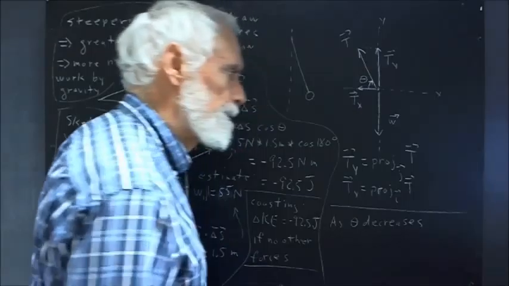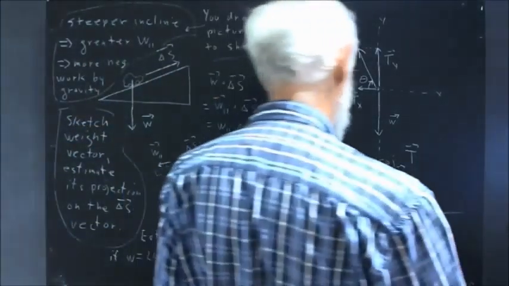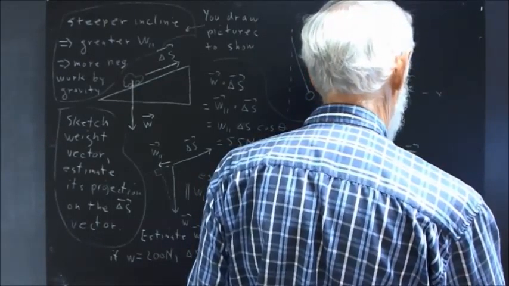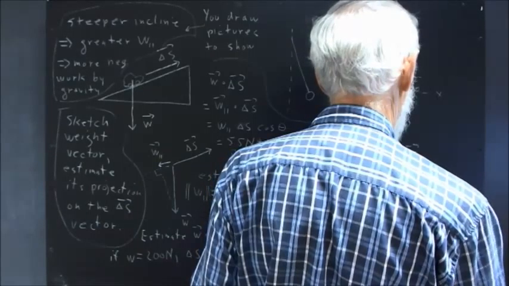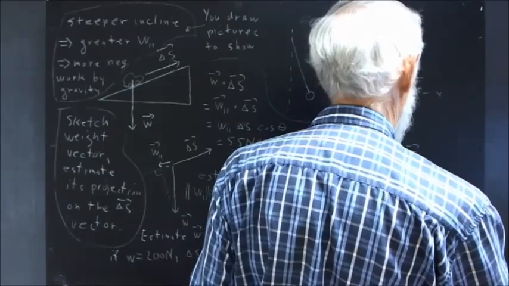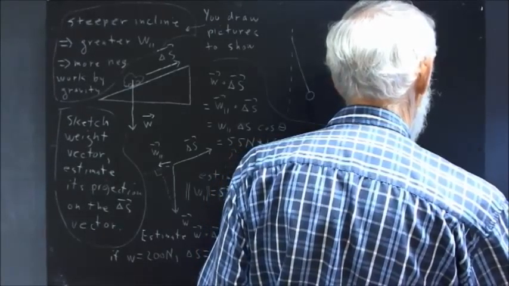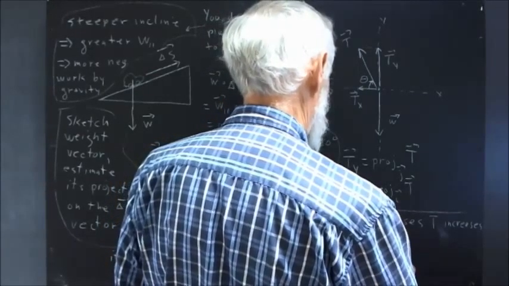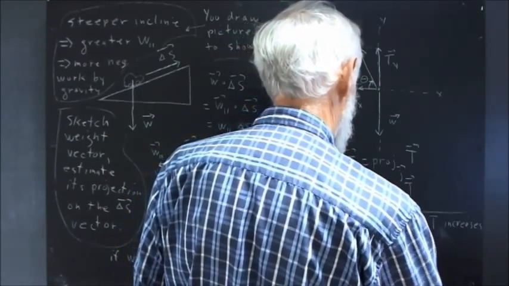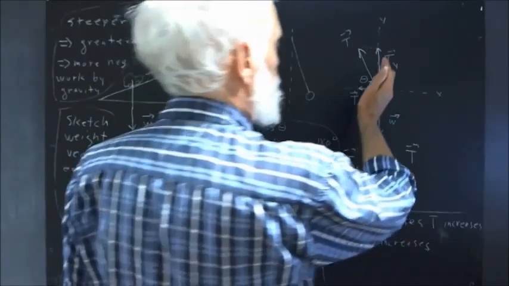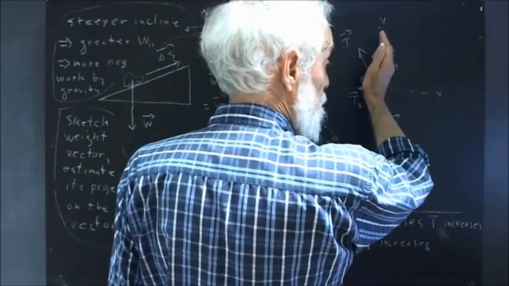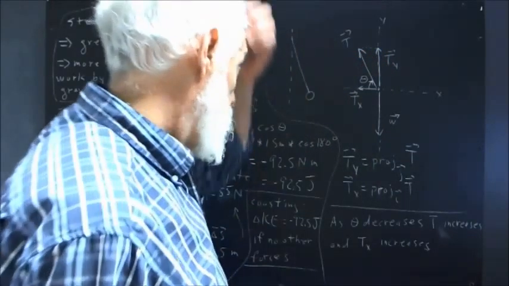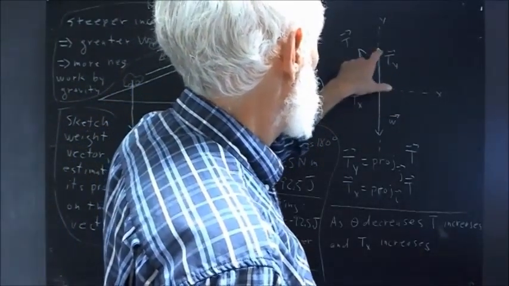As theta decreases, first of all, T increases, and Tx increases. I'm not going to write it down, but I'll comment that if the T vector starts vertical and you start slowly rotating the T vector, the T vector is not going to get much longer.